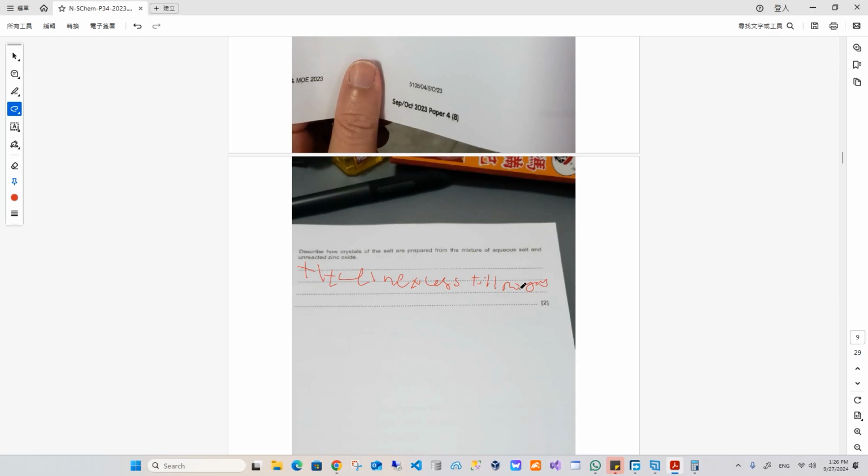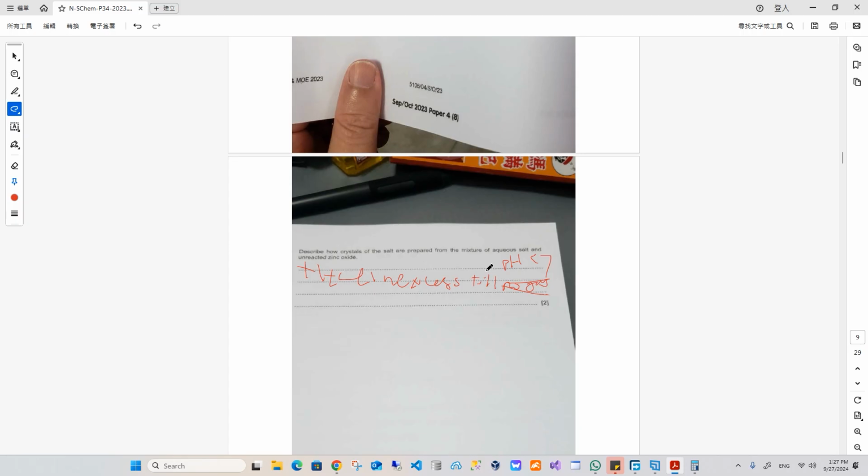In excess, until the solution turns acidic. I use pH lesser than 7.